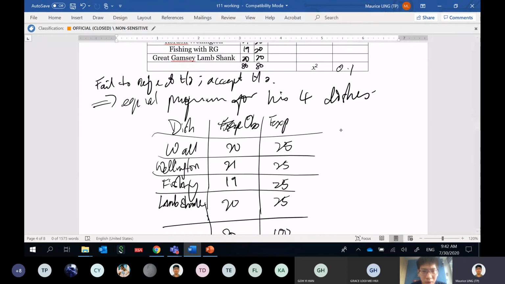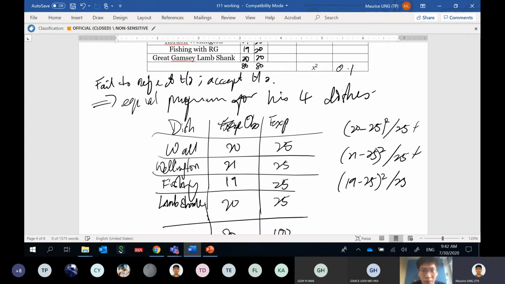Make sure, because here it will be observed minus expected: 20 minus 25 squared divided by 25, plus 21 minus 25 squared divided by 25, plus 19 minus 25 squared divided by 25, plus 20 minus 25 squared divided by 25.